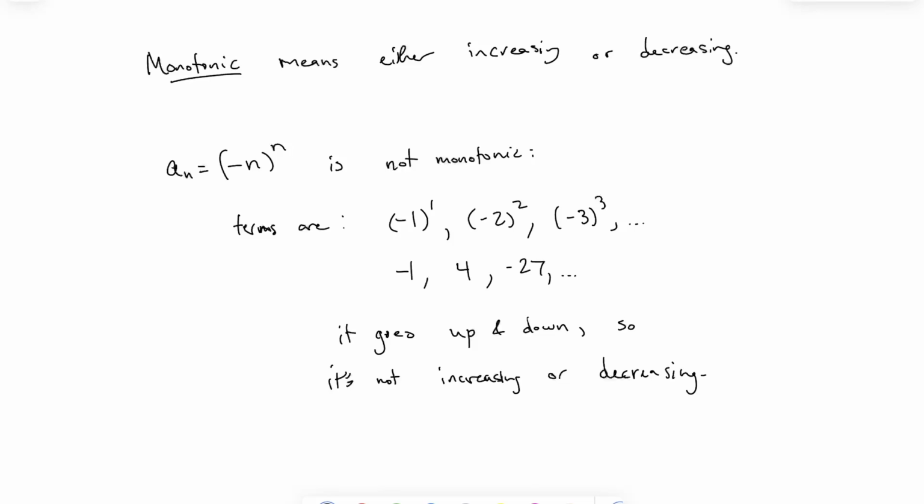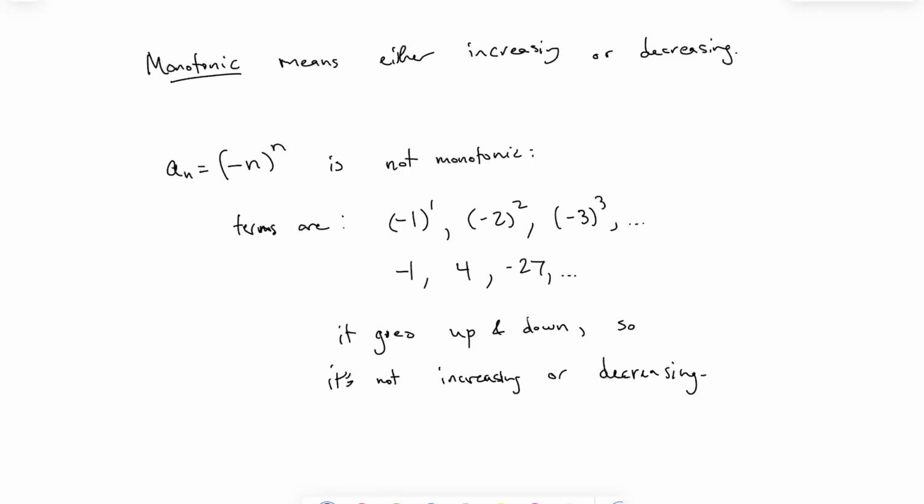Look at this, it went from 4 to negative 27. So it's not increasing for that reason. And it's also not decreasing, because this one went from minus 1 to 4, and that's not decreasing. So to show that it is increasing, you have to prove something using the definition, which is fairly involved. To show it's not increasing, much easier. You just find some specific terms where it didn't increase. So that one is not monotonic.